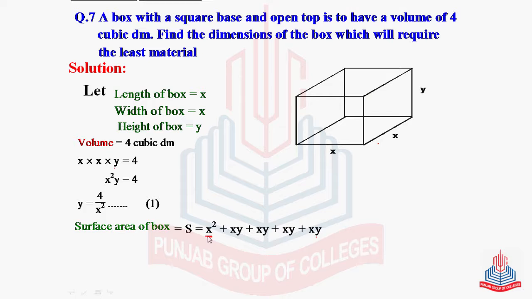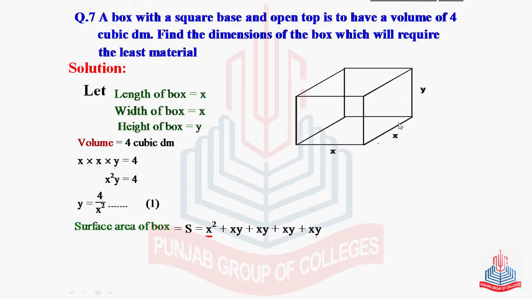Area is actually length into width, so this one is the area of the base, that will become x square. This one is the area of one side, like this one. Obviously the dimensions involved in this side are x and y, so the area will become x into y.